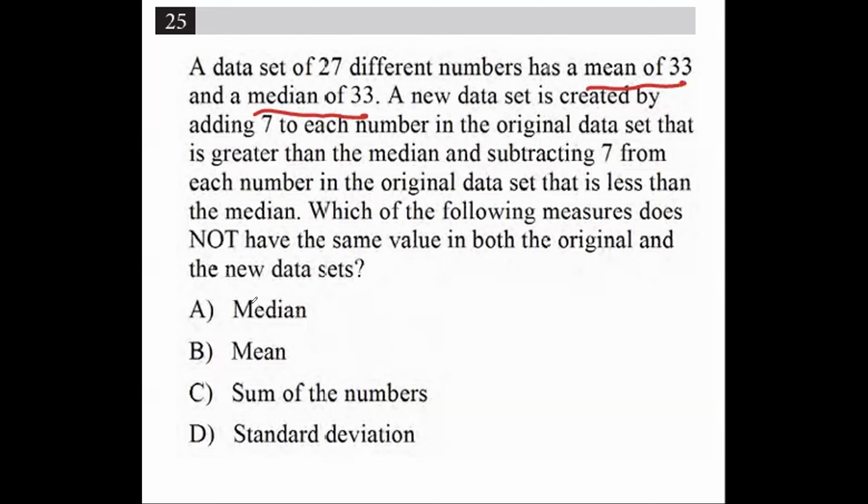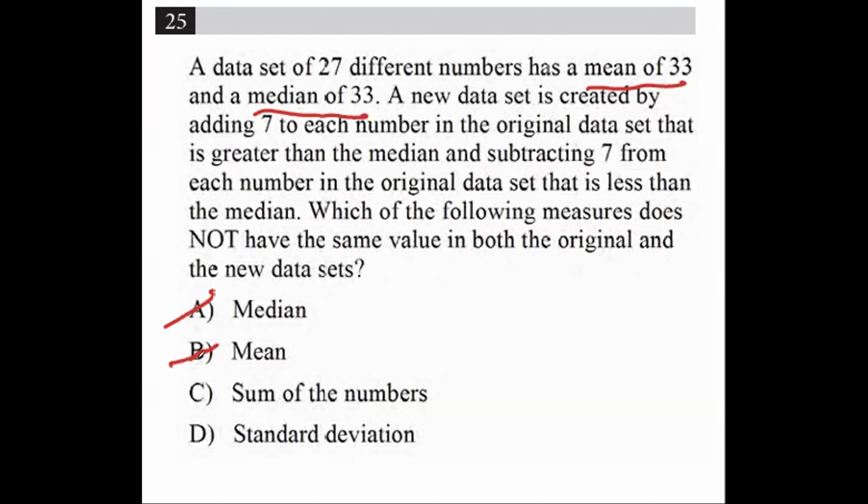Well, the median wouldn't change because the value that is in the center would still be the value in the center. The mean wouldn't change because it's the same as the median. If you add 7 to all the values that are greater and subtract 7 from all the values that are less, it wouldn't change.